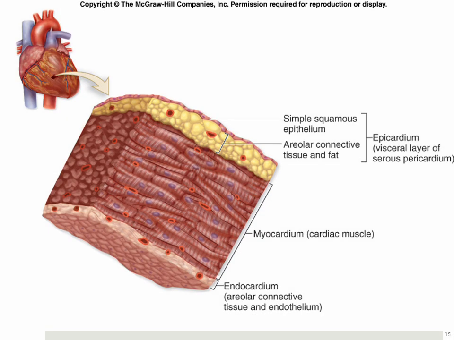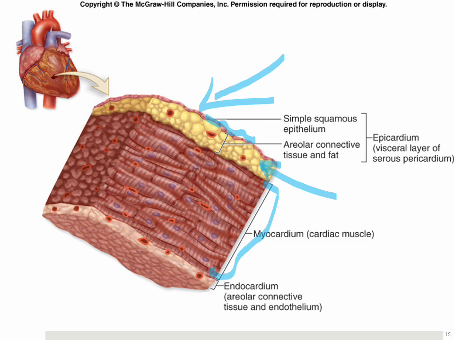Now putting everything together, let's look at it from the outside to inside. The first area we're going to have here is the epicardium, okay? And here's where we see that simple squamous epithelium. Underneath is the areolar tissue, which is fat. And then we have the myocardium, right?